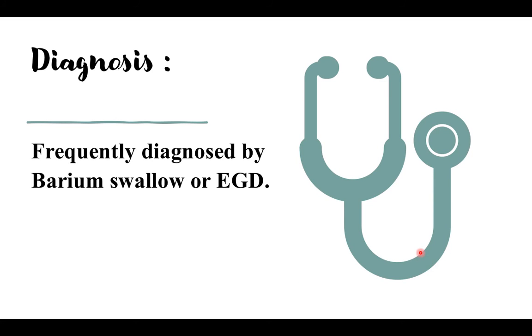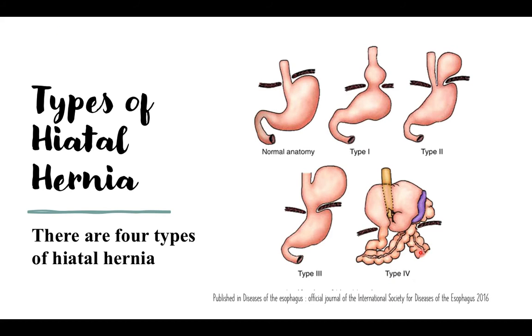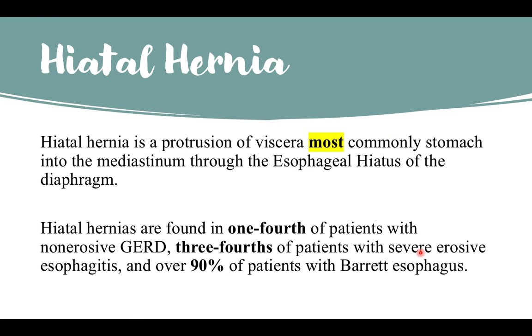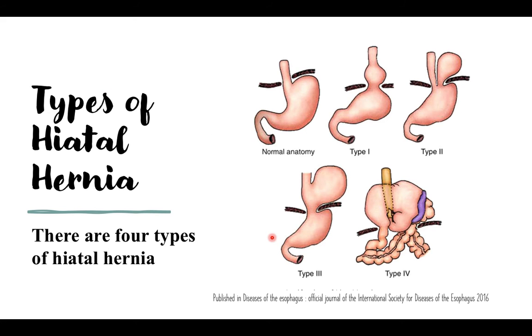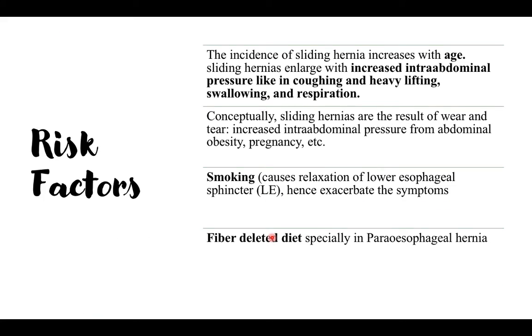So what are the most important points you need to remember for this topic? First of all, it's a protrusion of, most commonly, the stomach part into the mediastinum. Types of hiatal hernia, the most common one is type 1. Most commonly, in case of type 4, the colon herniates, right? For paraesophageal, you're going to do surgical intervention.